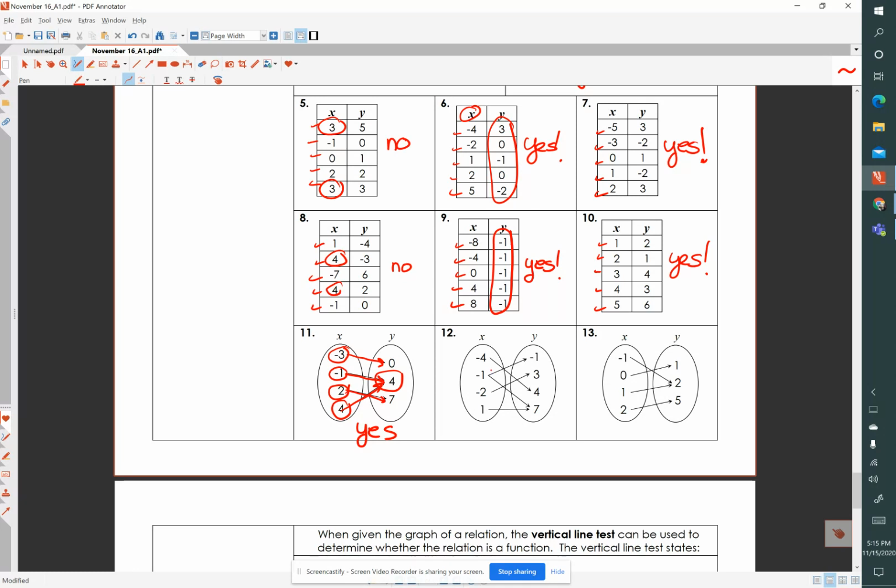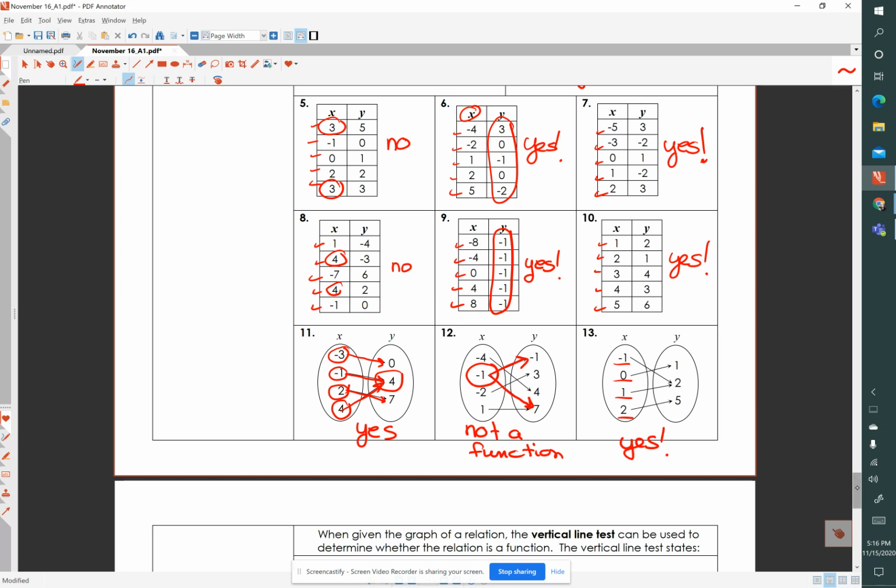But in number 12, we have a problem: -1 is mapped to two y values, so that is not a function. And let's look at number 13. Each x value is not repeated, so it has its own y value. Yes, that is a function.